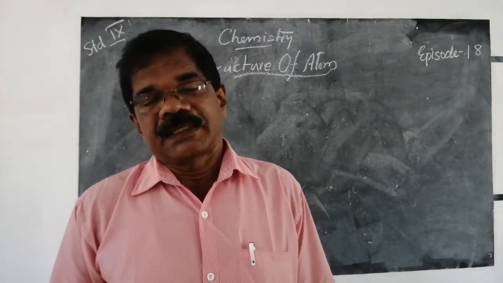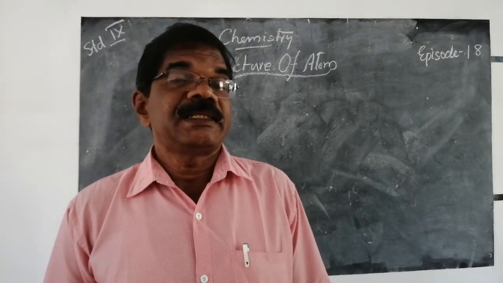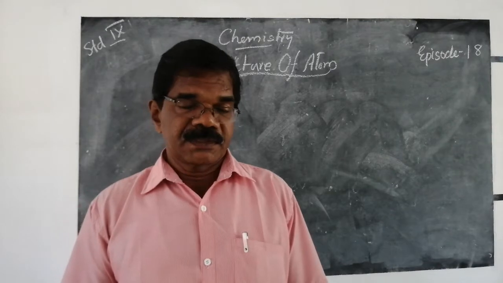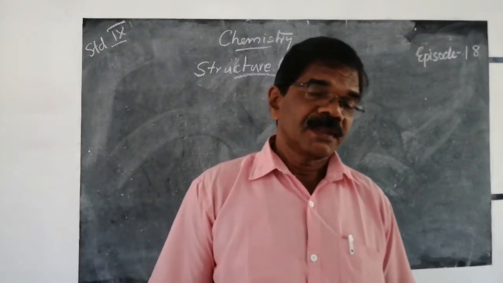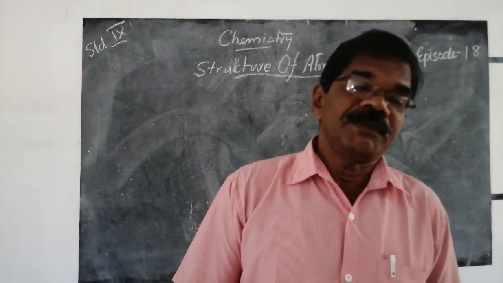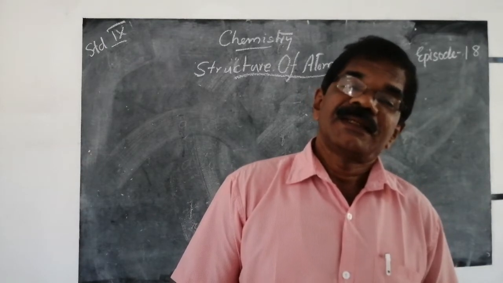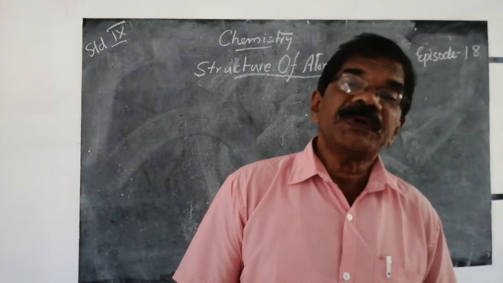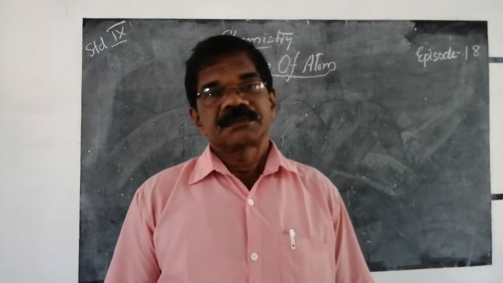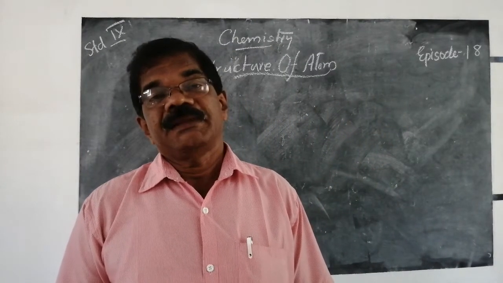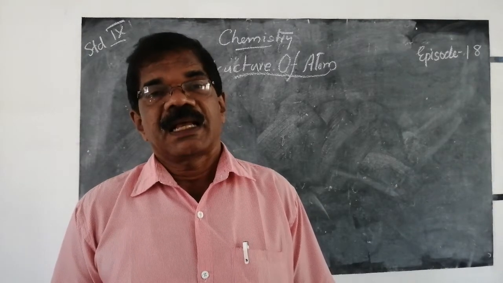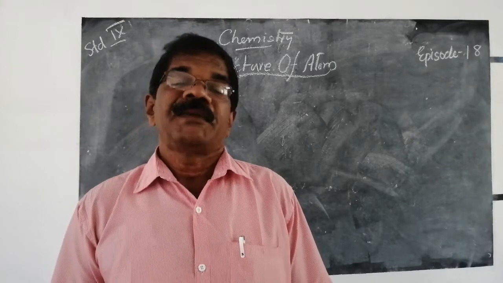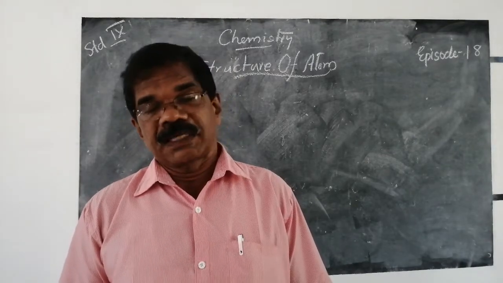Nowadays, there are 118 elements. Therefore, 118 atoms. At the same time, a molecule means the smallest particle of an element or a compound which has an independent existence, as well as it shows the properties of the matter, the element or the compound.